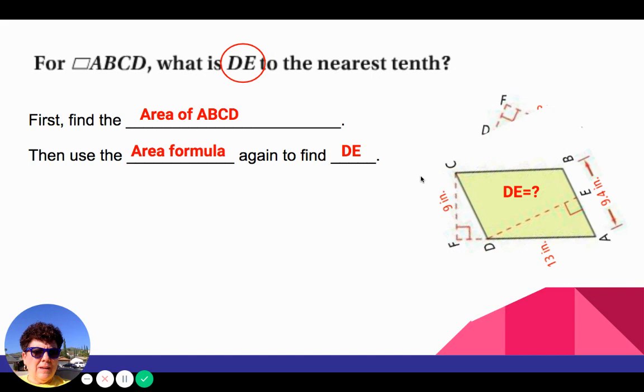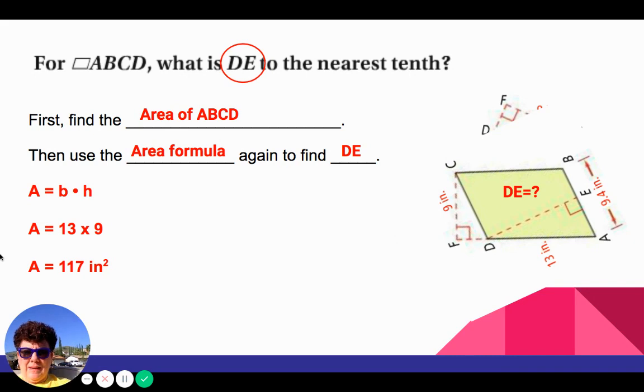So how are we going to do that, you say? First, you might turn it sideways so that we can clearly see we have a base here, 13 inches, with the height of 9. So we can find the area of the parallelogram, just base times height. 13 times 9 gives us the area of 117 inches squared.